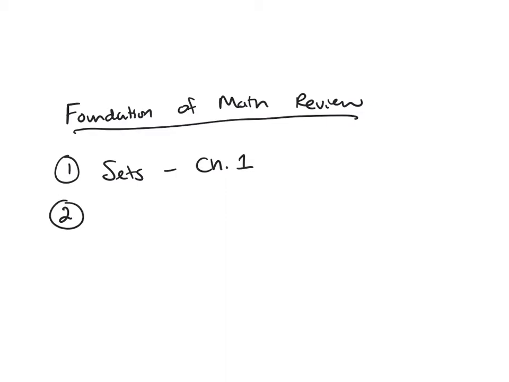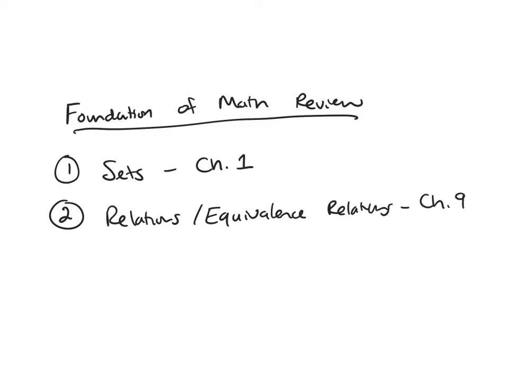The second group of topics, we talked about relations and equivalence relations. This was chapter 9. Our third group of topics was functions, where we talked about injective, surjective, composition, and inverses.